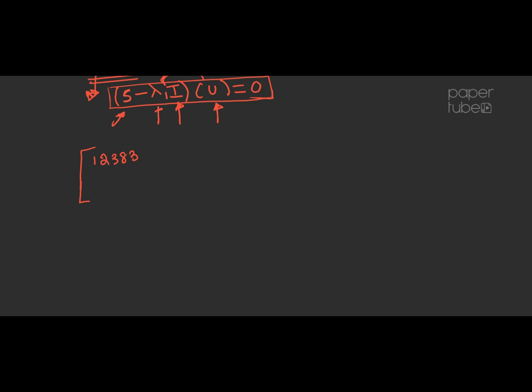So this is just a covariance matrix, minus the identity matrix multiplied by lambda 1, which is lambda 1, 0, 0, lambda 1, multiplied by u1, u2. This is your eigenvector of lambda 1.